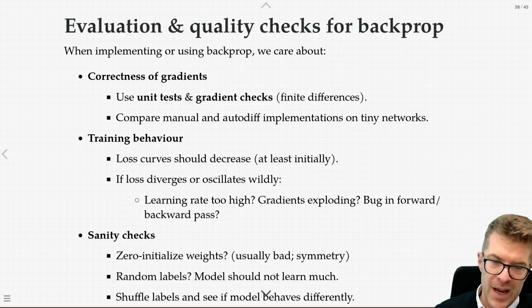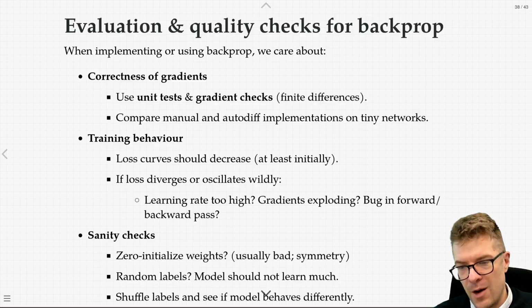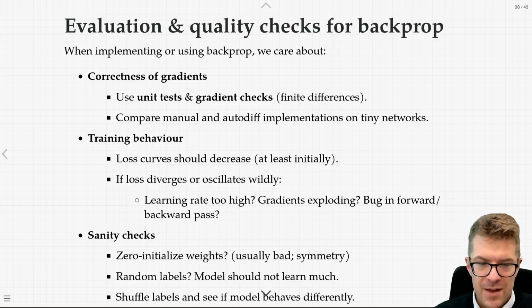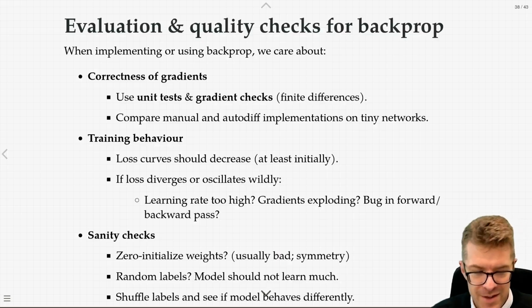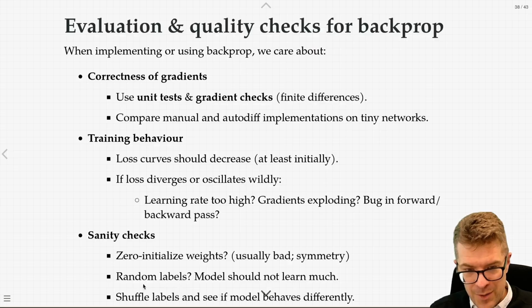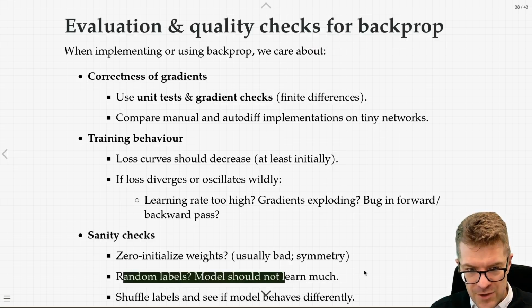If your behavior is very similar to what you got when you messed things up on purpose, then the model is not learning anything. Maybe it's not your fault, maybe it's the data's fault, maybe the labels were wrong to begin with, but that's one of the sanity checks you can apply.